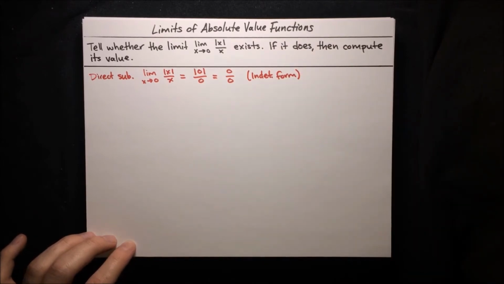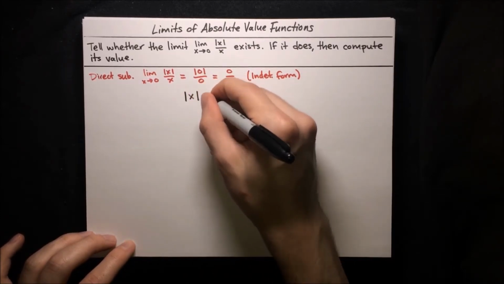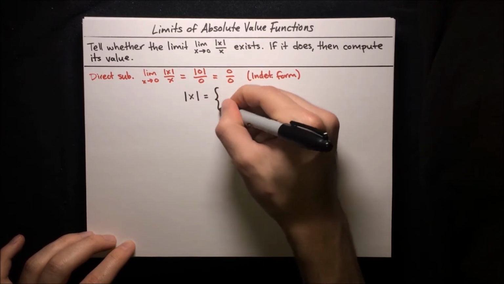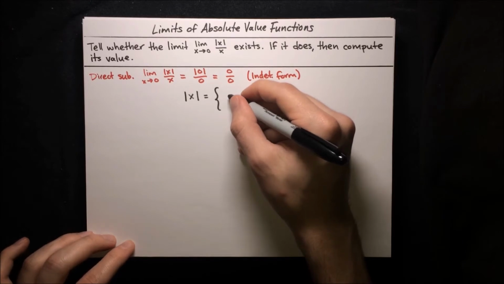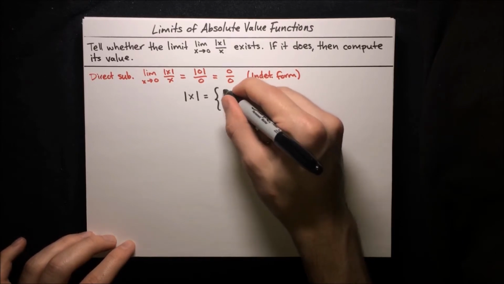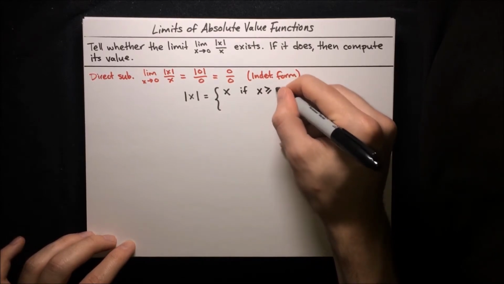Okay, so we need to simplify this limit a bit, because we can't just plug in for x right off the bat. So let's think back to how absolute value of x is defined. Absolute value of x actually has two branches. It's a piecewise function. When x is positive or 0, the absolute value doesn't change anything about x. So absolute value of x is just equal to x if x is greater than or equal to 0.